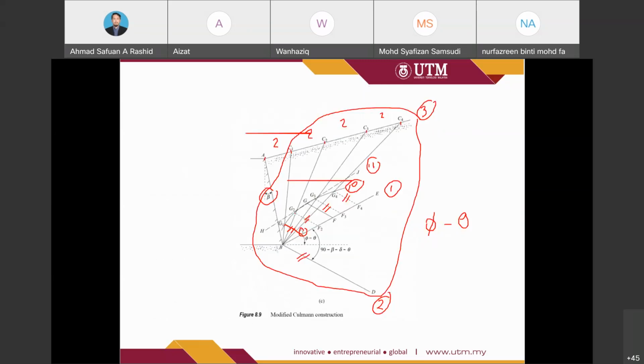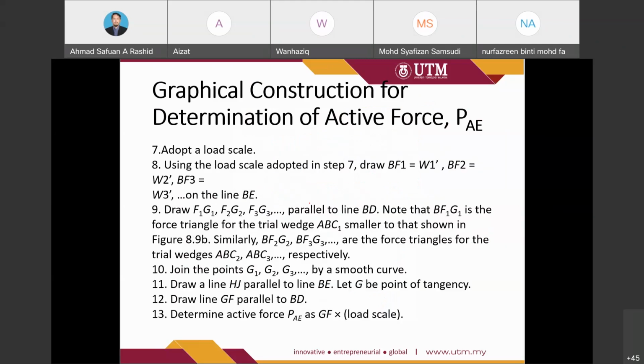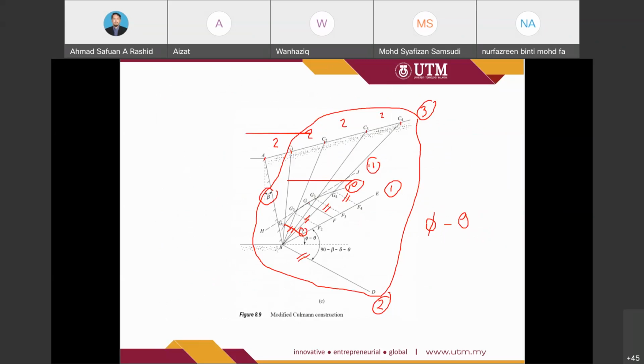Make sure that this smooth curve has a tangent at G. Then draw line GF parallel to BD as well. So this G, which is tangent to the HJ, should be drawn parallel.